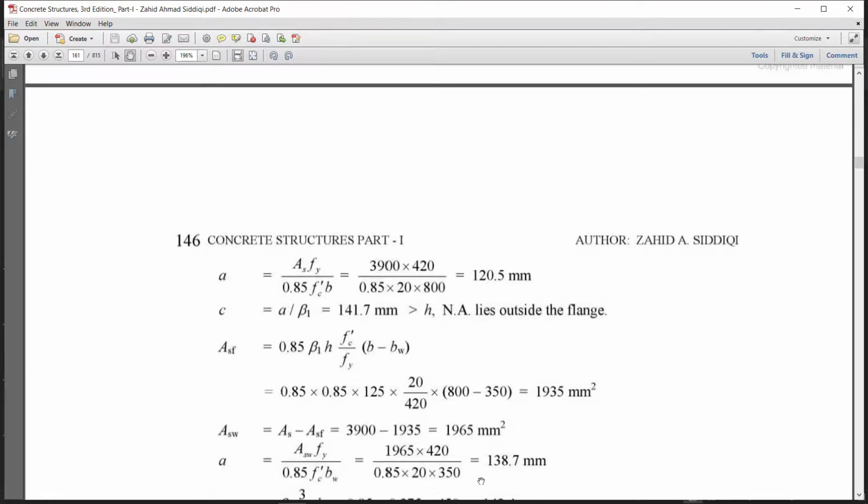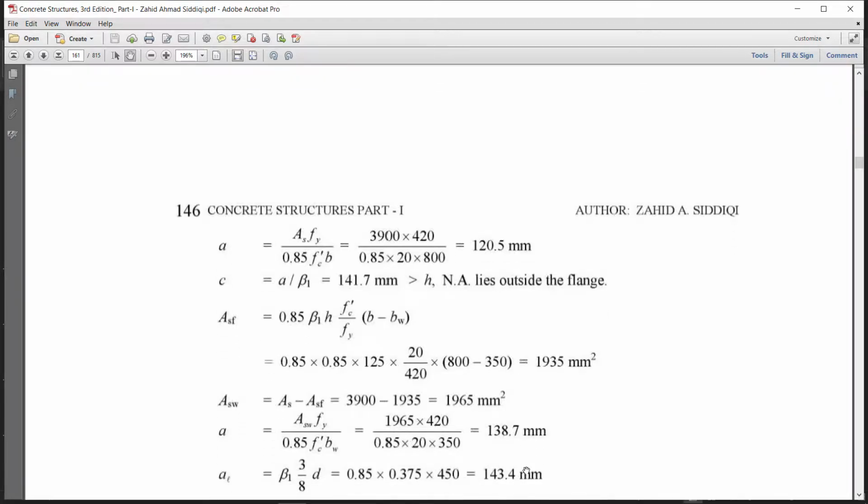Now we get the revised value of a: 1965 multiply 420 over 0.85 Fc prime BW. Here we will use BW. We get a as 138.7 millimeter. Now we will check whether it will be tension controlled or not.